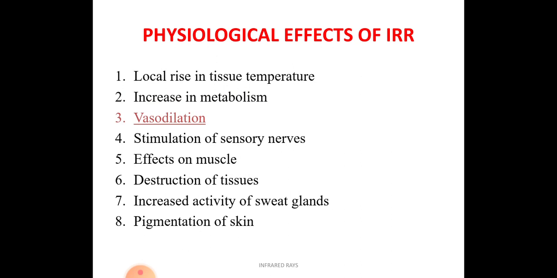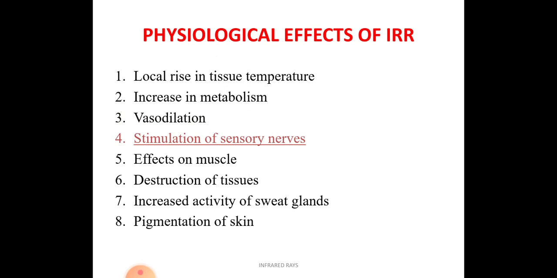Vasodilatation means the arteries will expand. Because of IR, arteries will expand and there will be increased blood flow, and that is very good, because this increased blood flow will bring many nutrients, oxygen, amino acids, antibodies. So that will be helpful. So a physiological effect of IR is vasodilatation.